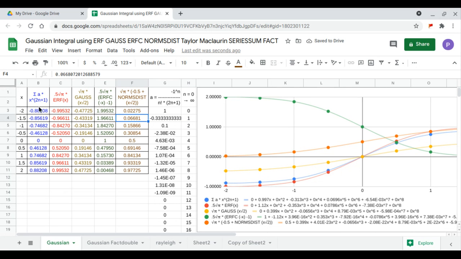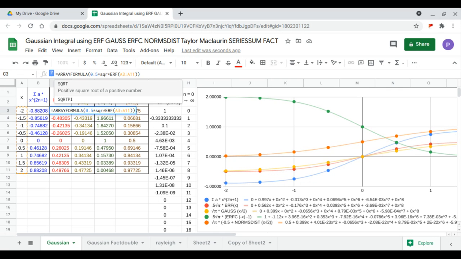Okay, then we work on the error function. So what we need is we multiply by 0.5 times square root of pi. So we multiply ERF times 0.5, and then multiply this by square root of pi. So times square root of pi.